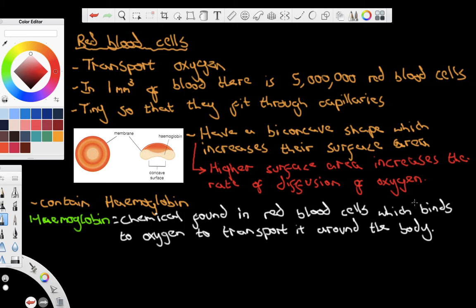The final adaptation that red blood cells have, in fact, before I do that, we're just going to write an equation before we move on. So hemoglobin binds to oxygen, okay?